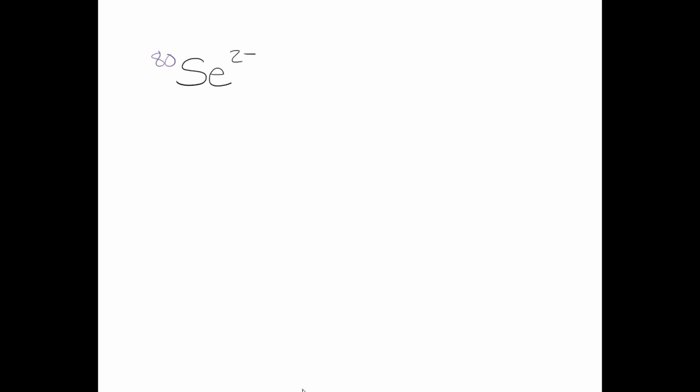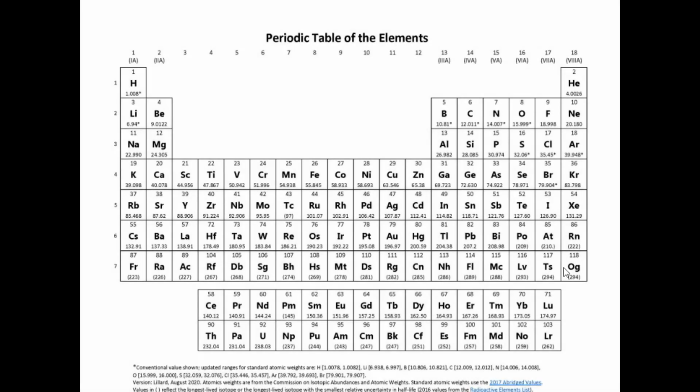The atomic number is 34. So the protons equals 34. And the neutrons are calculated as 80 minus 34 equals 46.